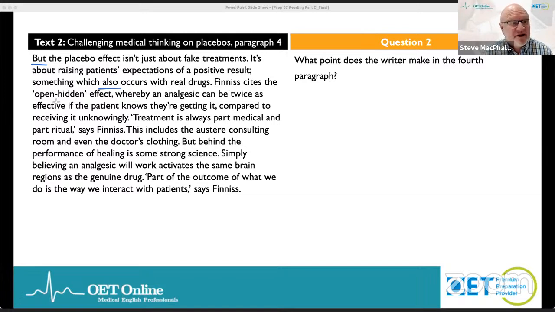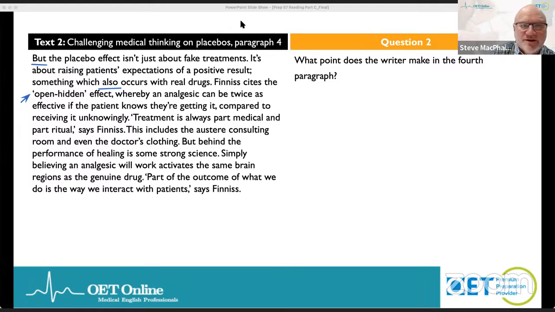Finniss cites the 'open-hidden effect'. Ooh, what's the open-hidden effect? It's in inverted commas. Pay attention to these inverted commas. The open-hidden effect, whereby an analgesic can be twice as effective if the patient knows they're getting it compared to receiving it unknowingly.